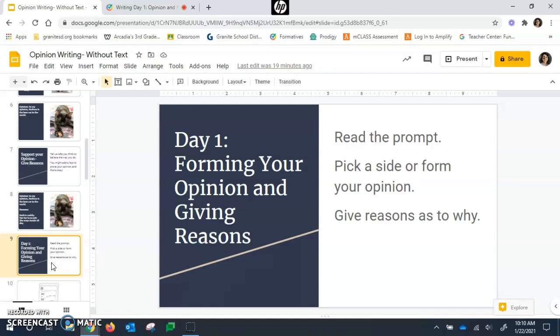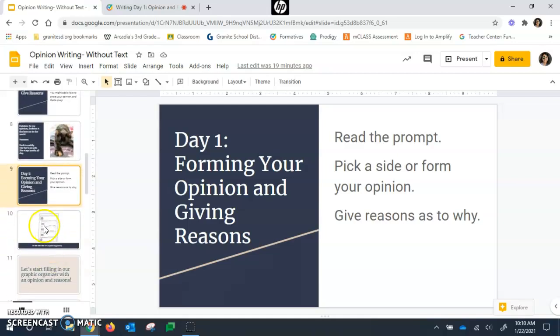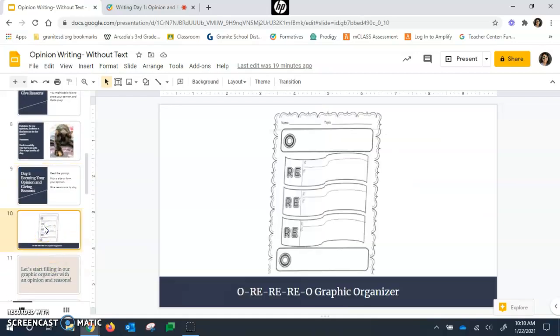In order to do so, we're going to read the prompt, and then you're going to pick a side or form your opinion, and then give reasons as to why. And to help us out, we're going to use this graphic organizer that is called the O graphic organizer. Kind of like Oreo, but instead we have 3 re's in between. And so the O in this graphic organizer stands for opinion.